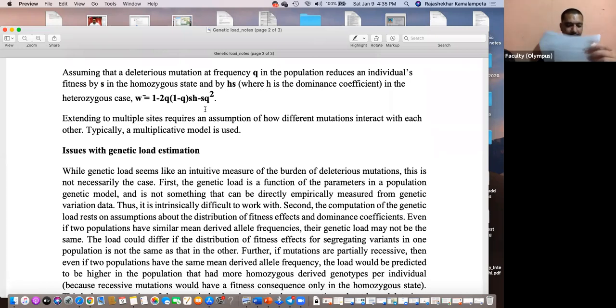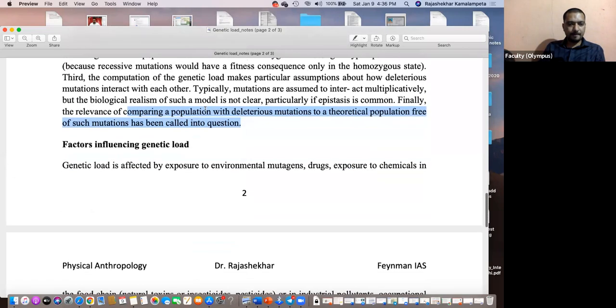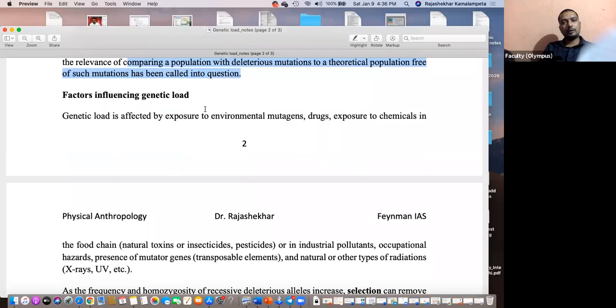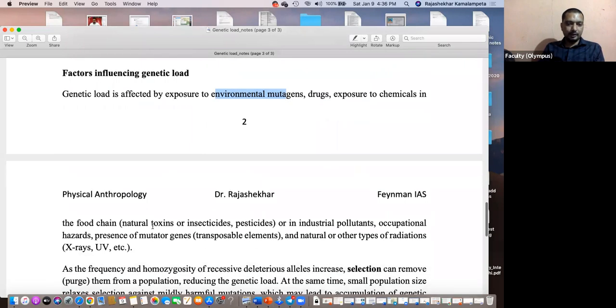So now, what factors influence genetic load? What factors influence the genetic load? Sources of these problems: environmental mutagens, radiation exposure, exposure to drugs, exposure to chemicals, like toxins, insecticides, pesticides, pollutants, X-rays, UV rays.